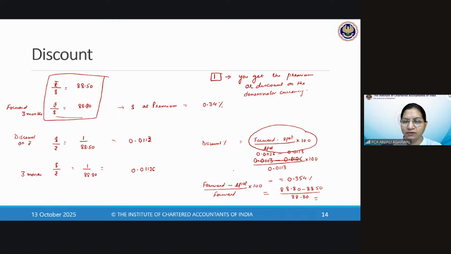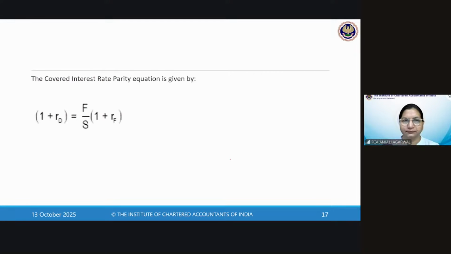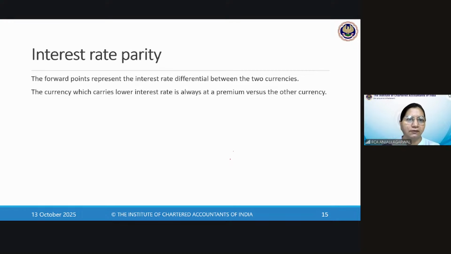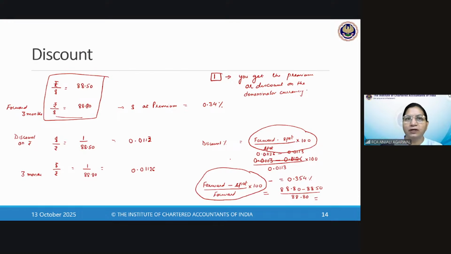Alternatively, you can use the formula forward minus spot divided by forward into 100, and you will get the same percentage of discount on the numerator currency. Okay. Any questions so far? All right.